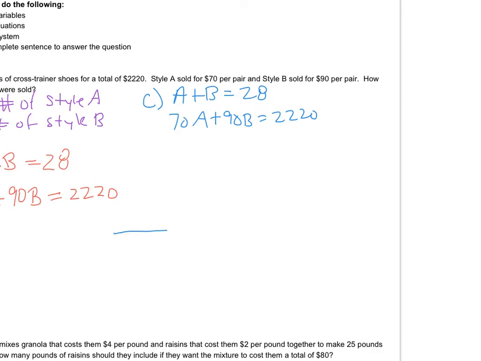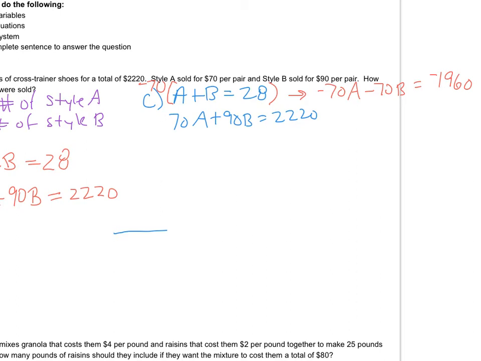We need to get coefficients that are the same but opposite, so to do that, we can multiply the top equation by negative 70. Multiplying by negative 70, we get negative 70A minus 70B equal to negative 1,960.